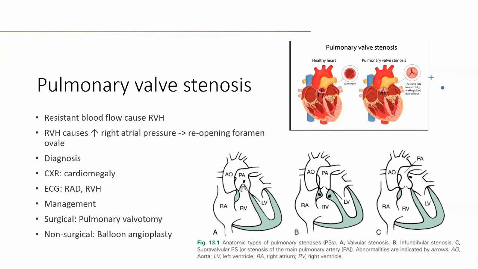The stenosis can either be valvular, which is basically the first image that you see at the second image, which is A, or it could be subvalvular, also known as infundibular, or it could be supravalvular, or within the right ventricular cavity. And in patients with moderate stenosis, exertional dyspnea and easy fatigue may be the signs that patients actually present with.